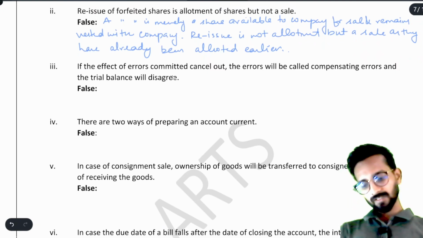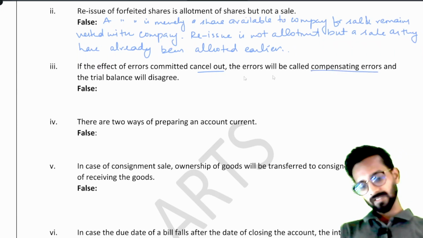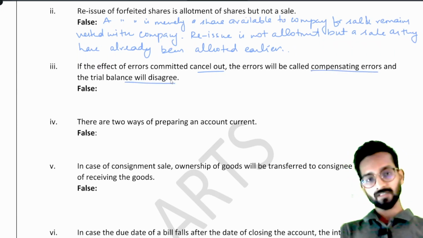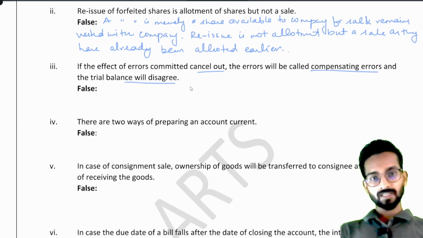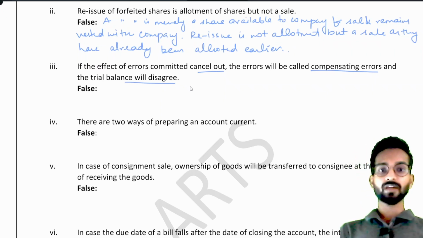If the effect of errors committed cancel out, the errors will be called compensating errors and the trial balance will disagree. See, if the errors committed cancel out, they are saying correctly that the errors will be called compensating errors. But in the case of compensating errors, your trial balance will agree.